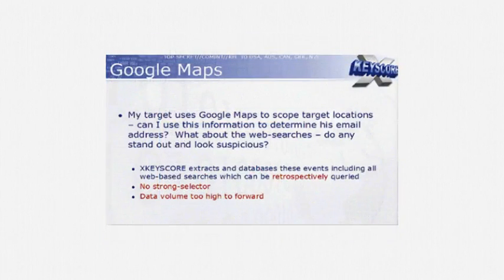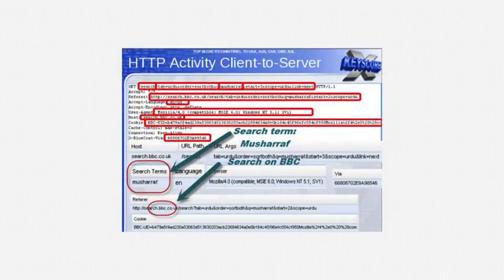Similarly, before Google began encrypting its Maps website, X-Keyscore could analyze that traffic too. Pretty much any web traffic is fair game. Here's a search on the BBC website, for instance. So, bulk internet surveillance is very real. It may just only go on outside the United States.